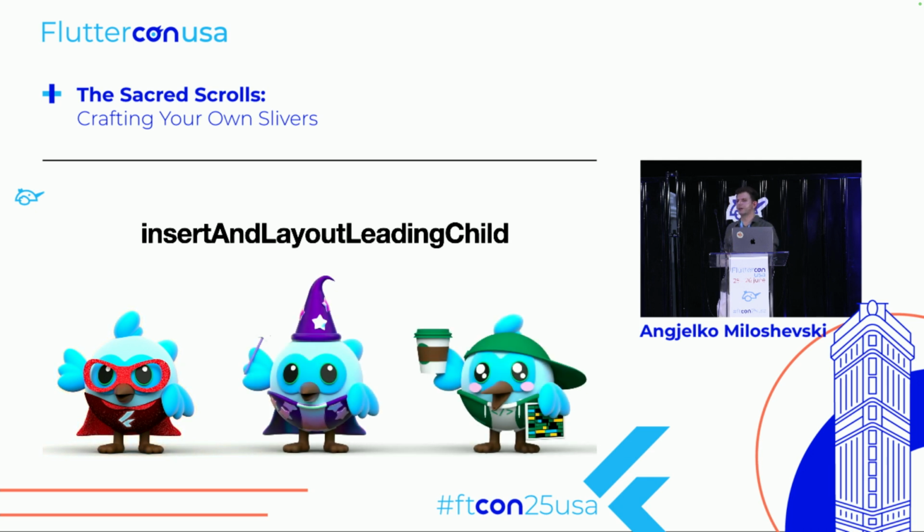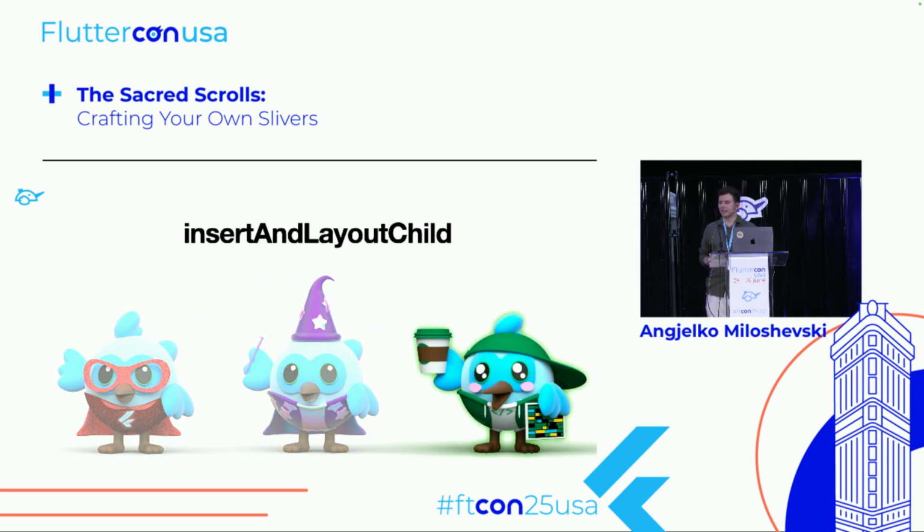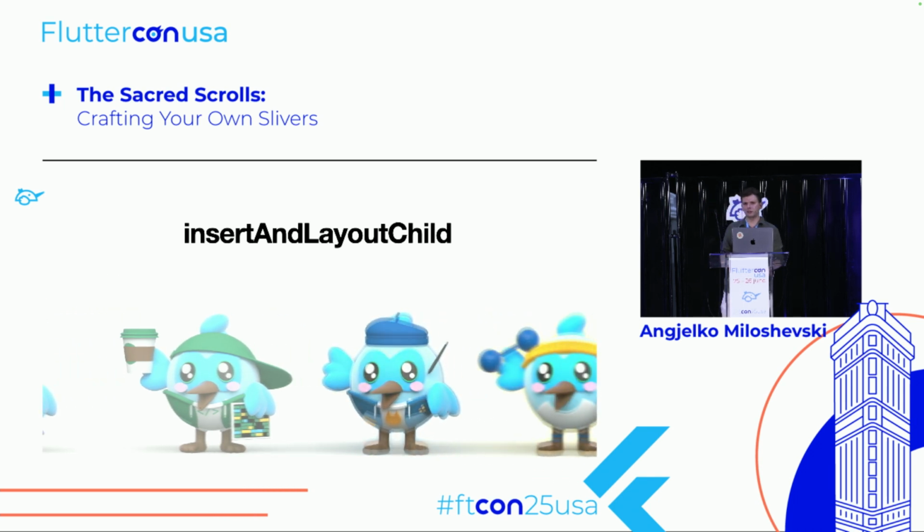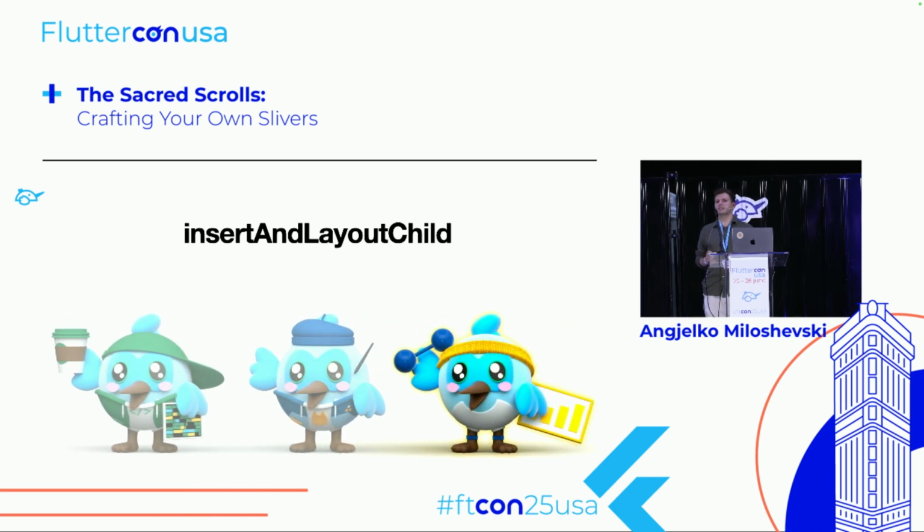And of course, we have the counterpart, which is the insert and layout child, which accepts an after parameter for which we pass a child and tell it, okay, try to insert and lay out a child after this child. And again, if it doesn't have any children anymore to insert and lay out, it will return null.